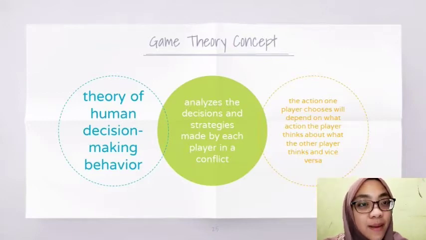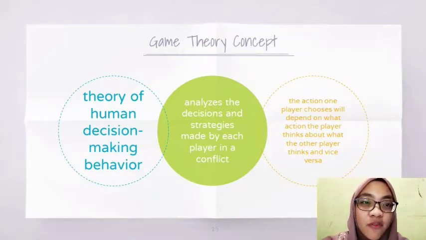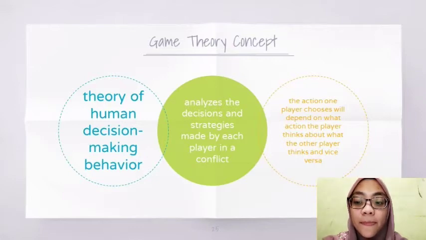If we let it happen, the end result will be information asymmetry, where the principal will not get the information they actually need. And then we analyze the decisions and strategies made by each player in a conflict. The model in game theory is an interaction of two or more players.